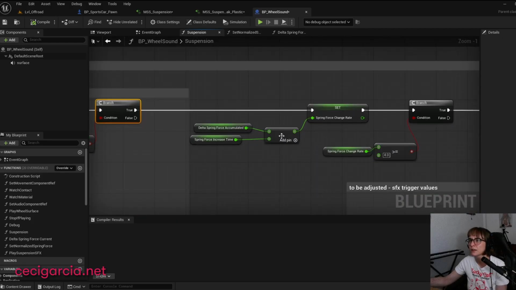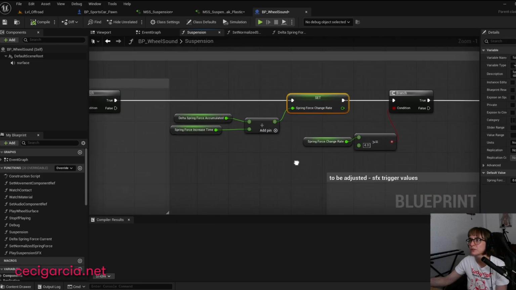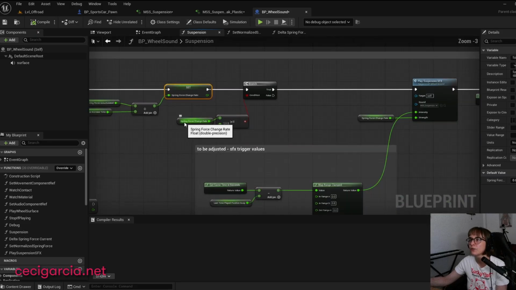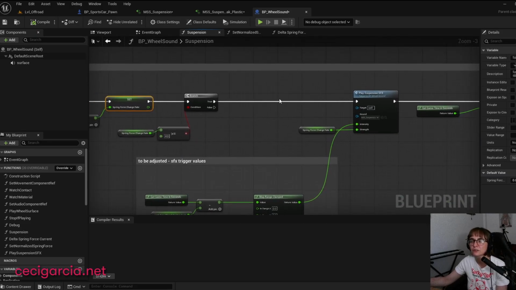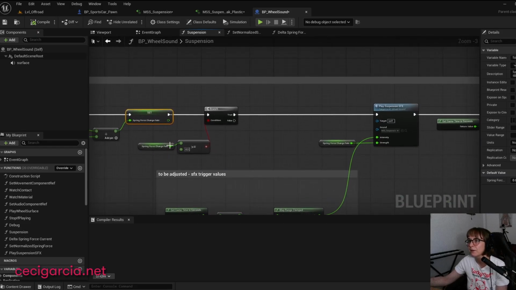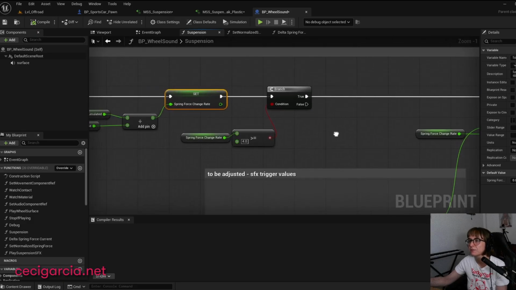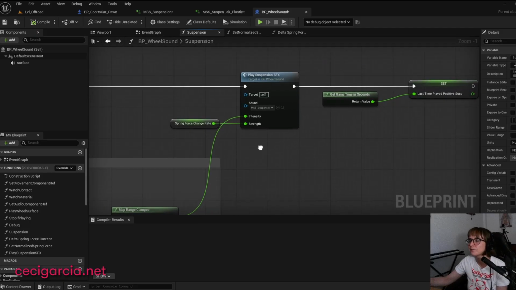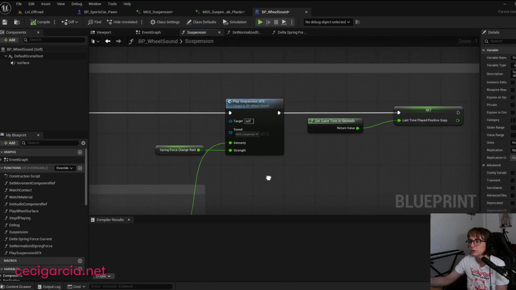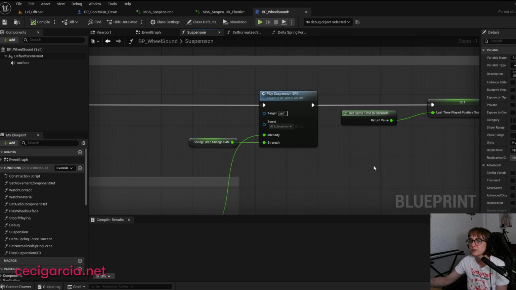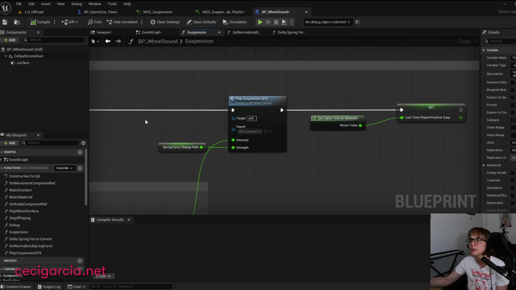So here again I calculate the spring force rate change, and for these sounds, just because I thought it sounded better, it will only play a sound if this value is greater or equal than 4. Of course, it's a matter of how the sounds are and what you want.